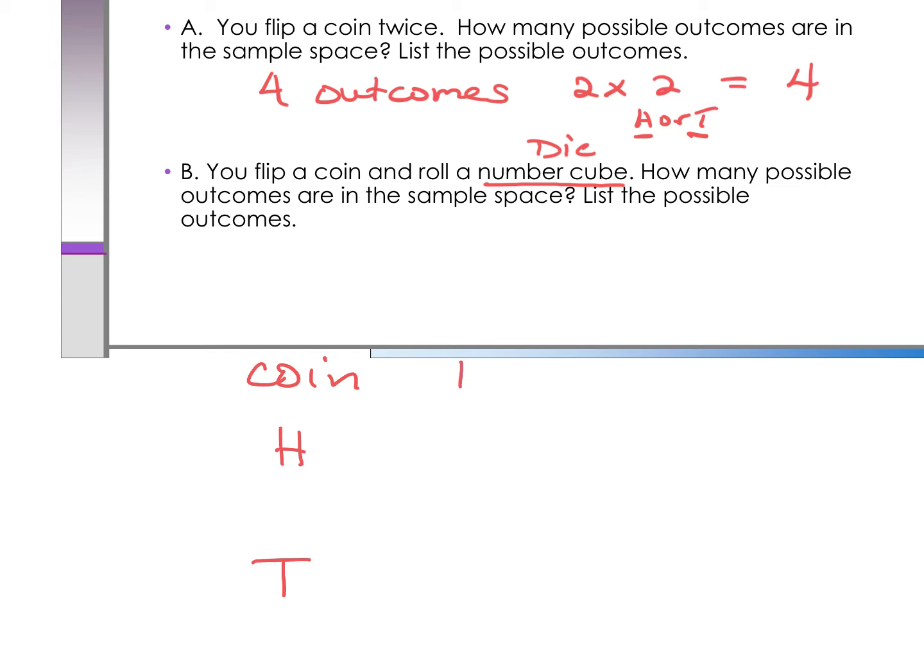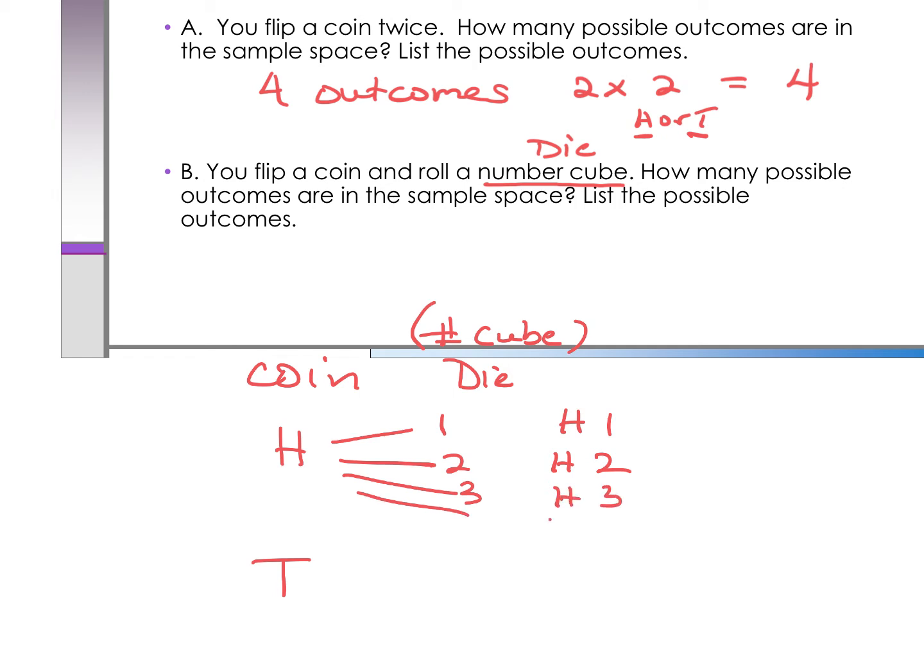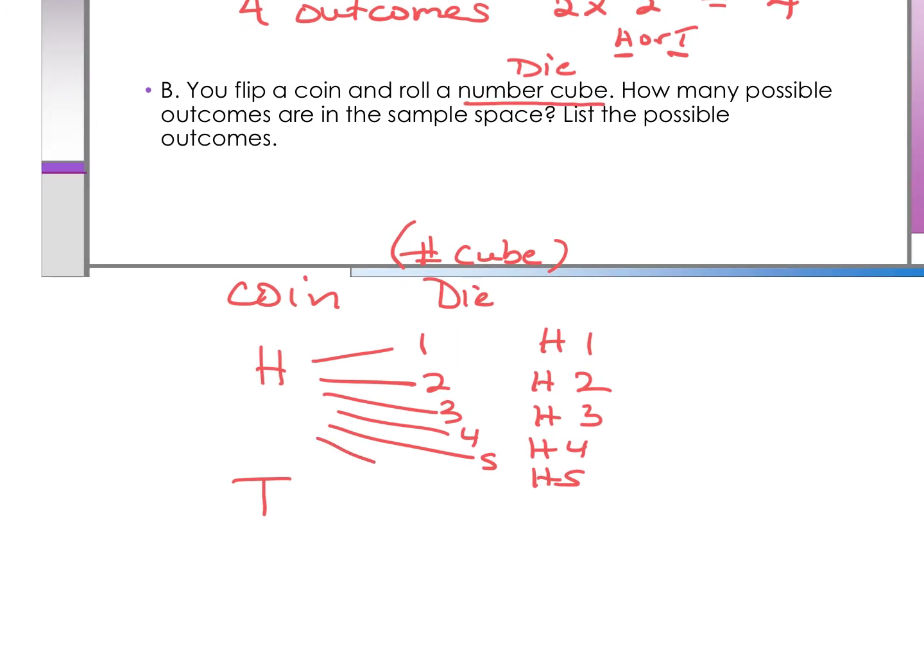And then for the die, or the number cube, same thing. I would get a head with a 1, or I could roll and get a head with a 2, a head and a 3, head and roll a 4, head and roll a 5, and flip the coin and get a head with a 6.